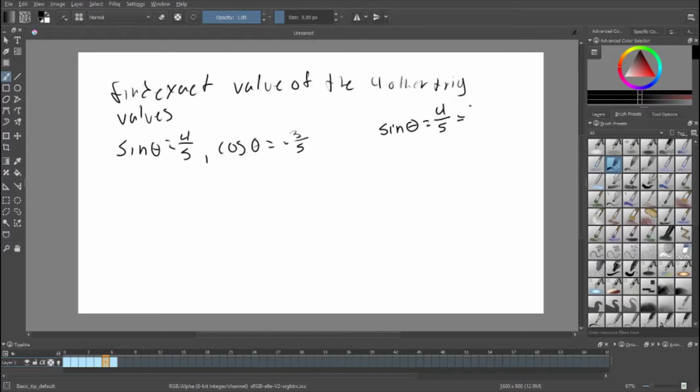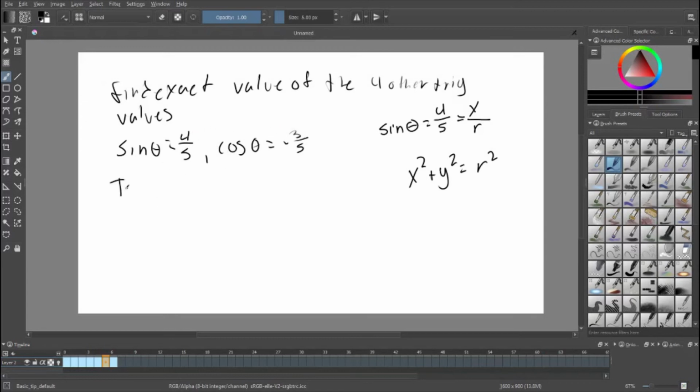I believe it's y over r. If we find the Pythagorean theorem thing, we find that x squared plus y squared equals r squared. So we can plug them in to find other values.